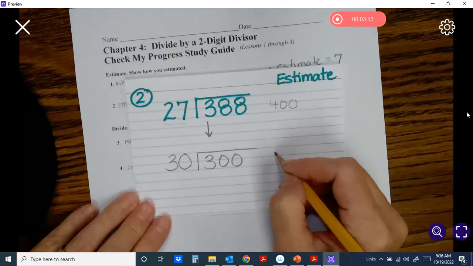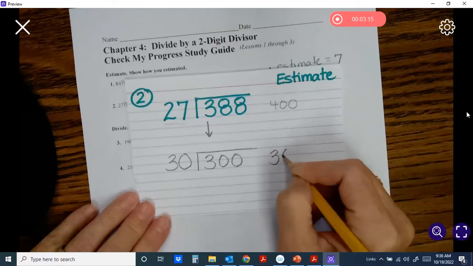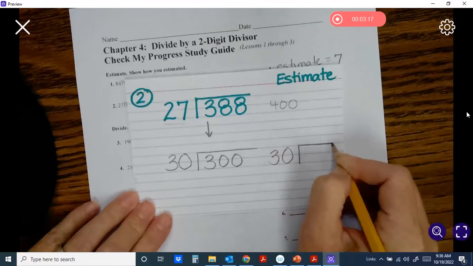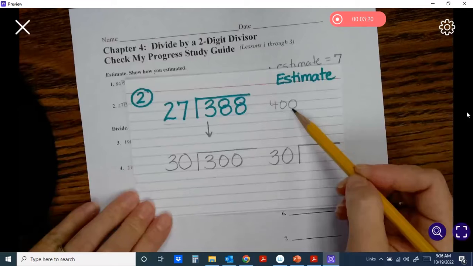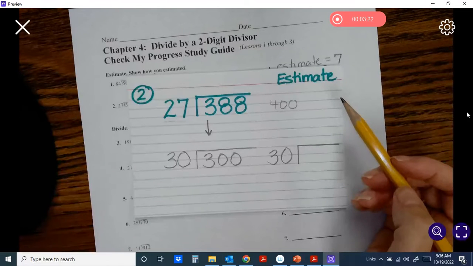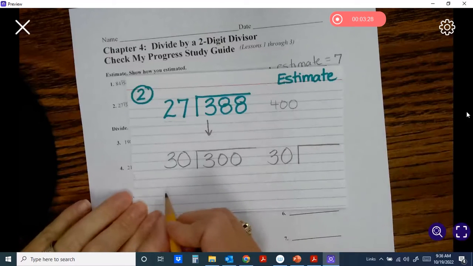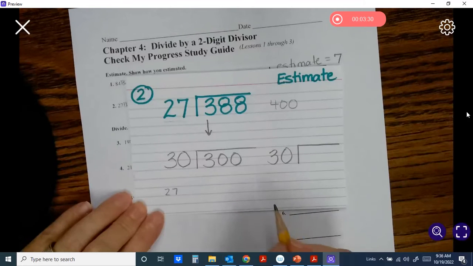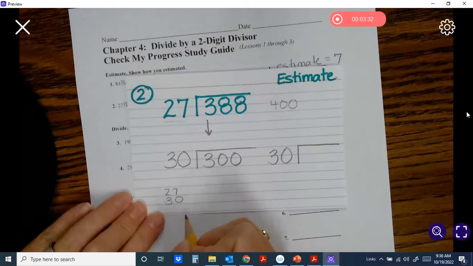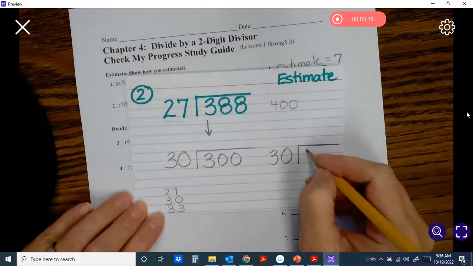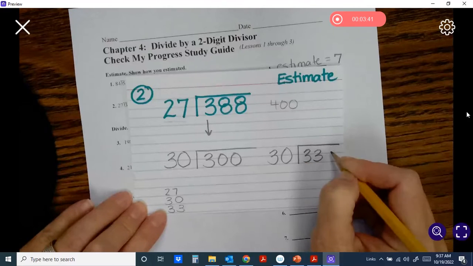I mean, I really could have 30, and now I have to think of another, maybe I can think of another number that would be close to that. What are the multiples of, so I have 27, then I have 30, I could make it 33. I could do that. Okay, I would say that would be better. 3, 3, 0.